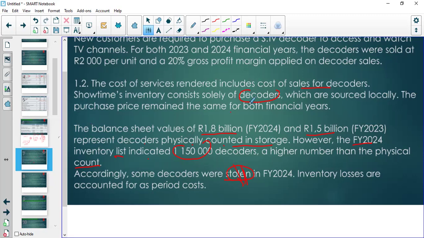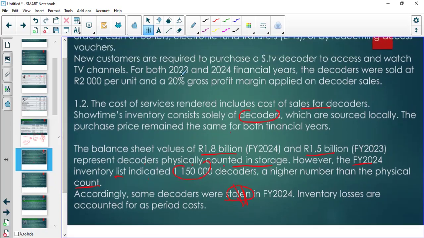So for the inventory we have, I was looking for this one. We need to have the gross profit margin. The gross profit margin is 20%. This was sold at 2,000 Rand per unit, right? So which means the cost of each.